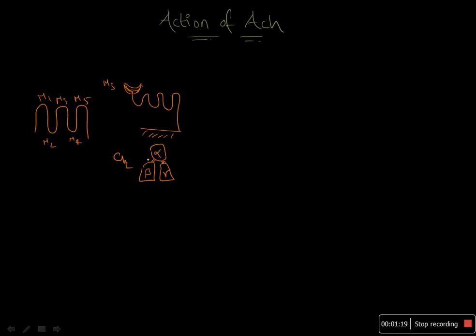Initially the Gq protein is in the inactivated state. Now as soon as acetylcholine comes and binds with the muscarinic receptor, the M3 receptor, it would send the intracellular signal. Let's say this is the whole cell, and this intracellular domain would stimulate the Gq protein.